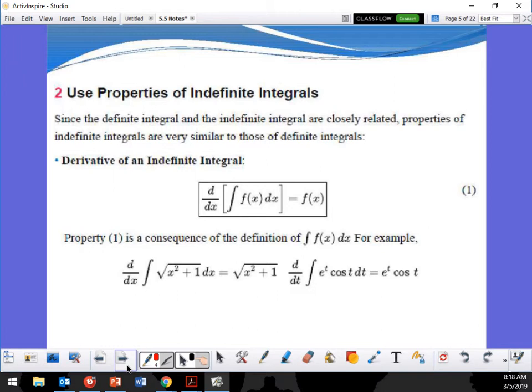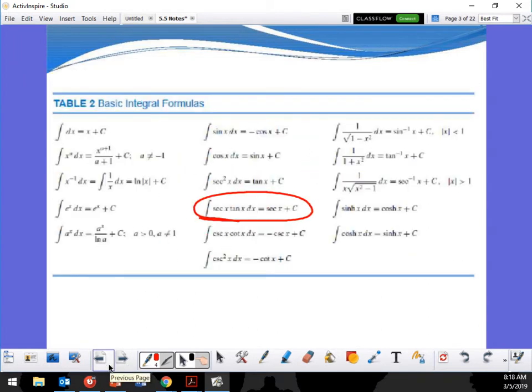If it's the derivative of the integral, it breaks down into the inside function, the derivative of the square root of x squared plus 1.